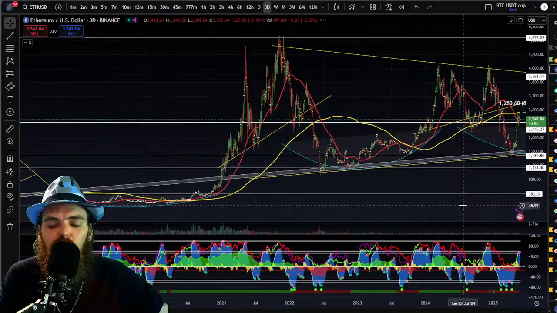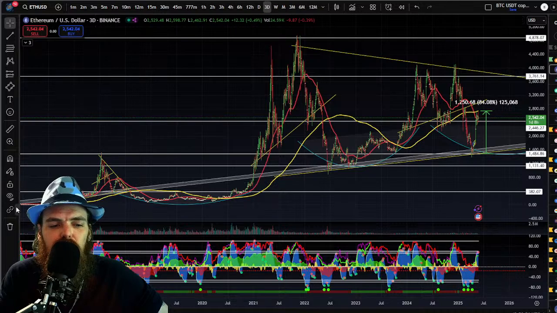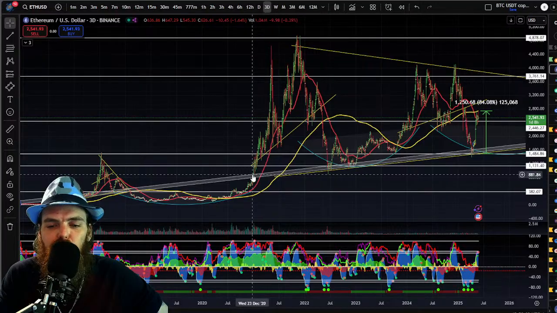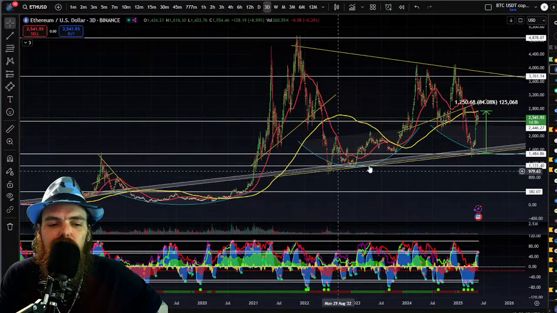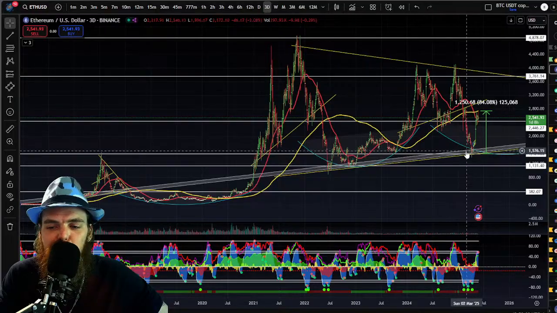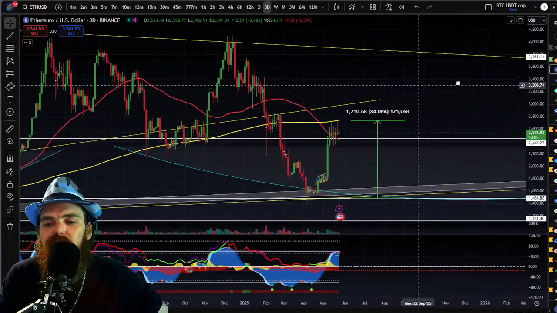You know, I come online and I say, look, guys, we are officially touching this trend line that we have been holding for quite some time. We broke through it here. We never looked back. So when we came down and touched this, I was all over spamming Ethereum. Like, holy smokes, guys.